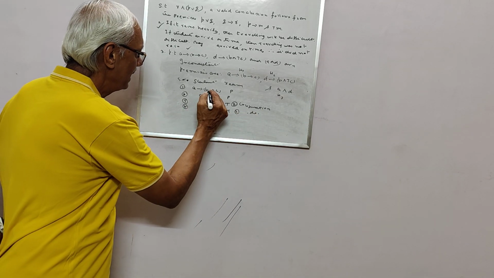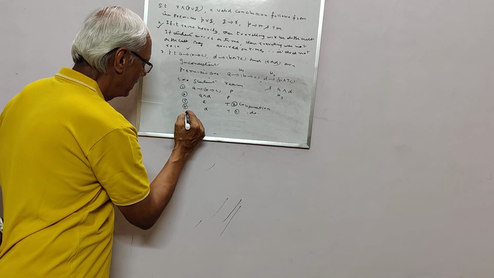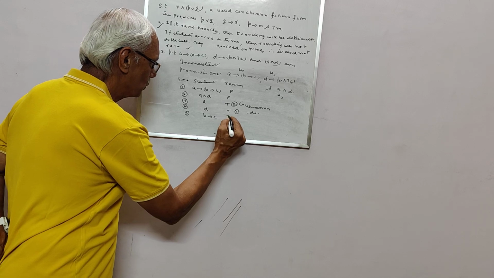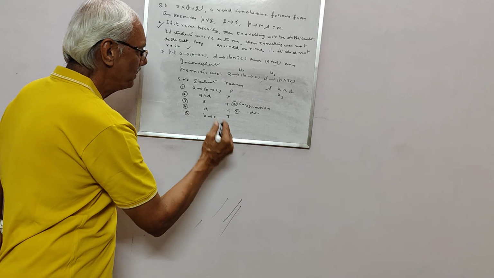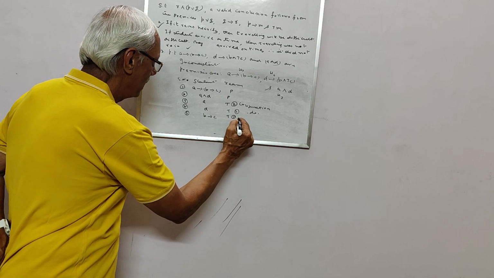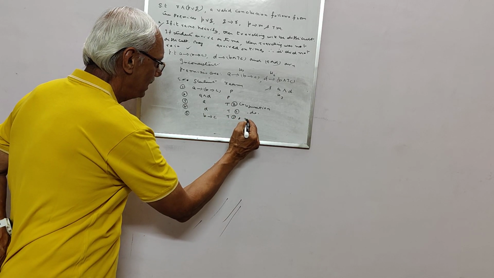Now you see that here I will write something. B implies C is true. It is true because it is coming from 1 and 3.